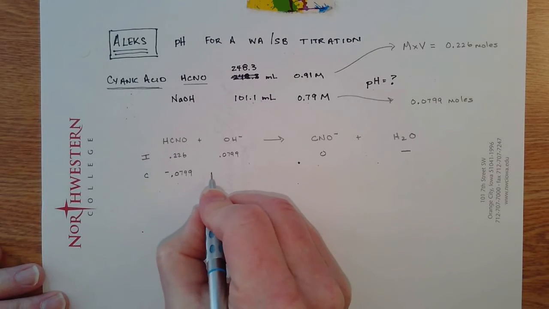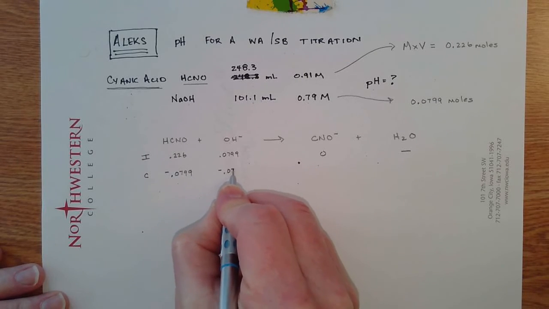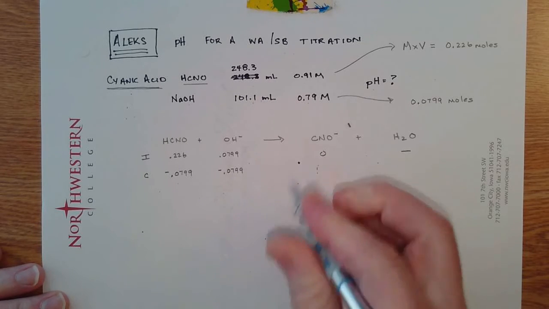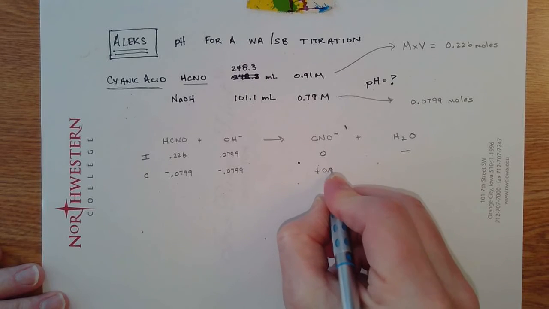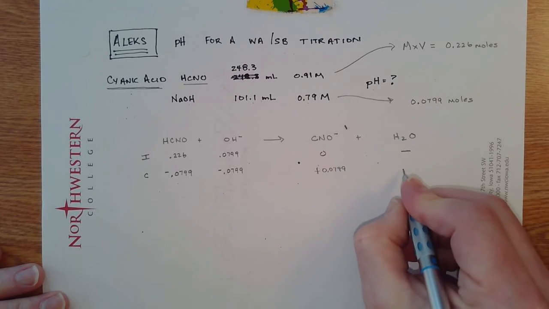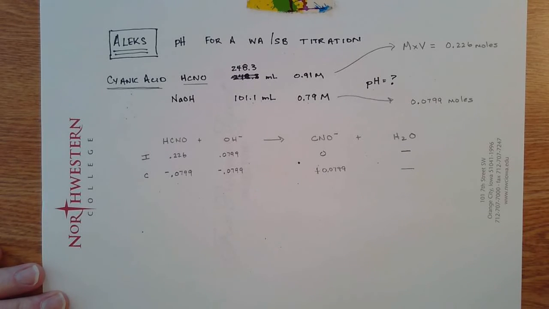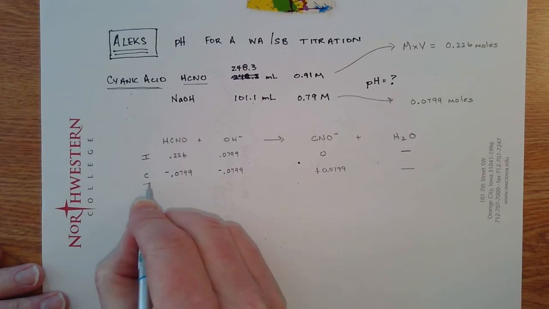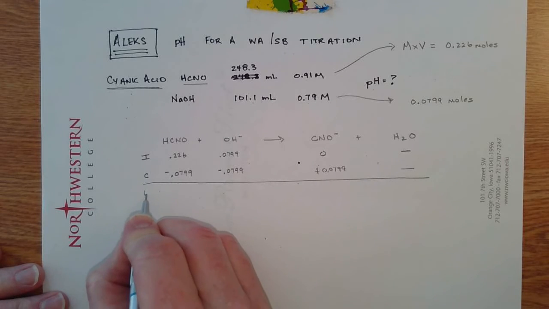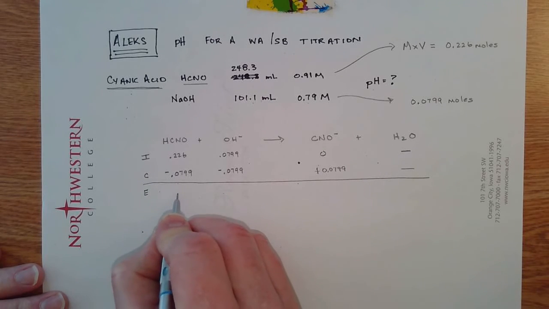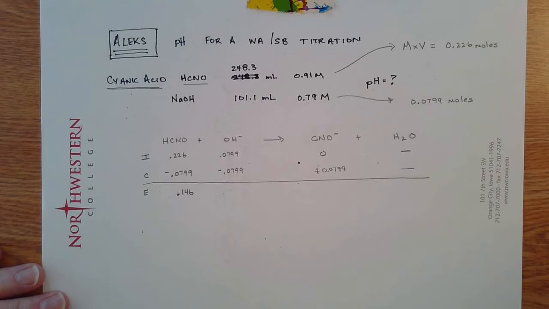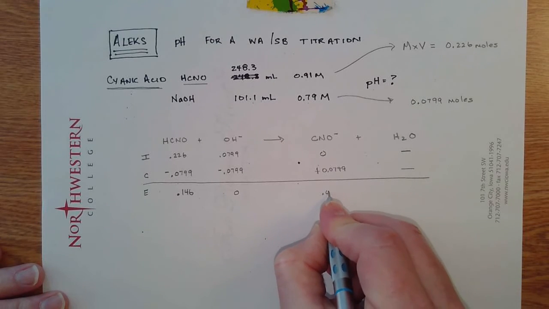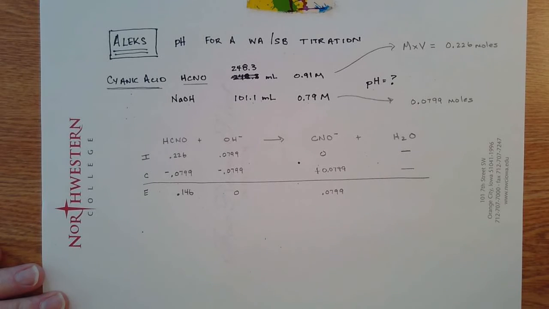So minus 0.0799, minus 0.0799, plus 0.0799. And we still don't care about water. Then, once we're all done, at the final situation, we'll have 0.146 moles of the weak acid left. We don't have any of the OH, and we'll have 0.0799 moles of the conjugate base.